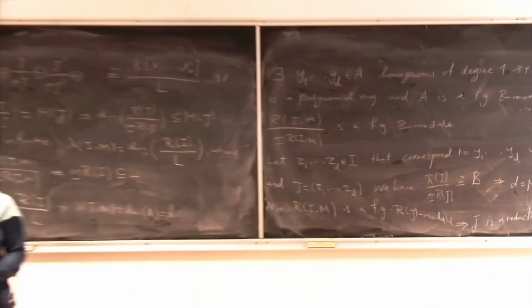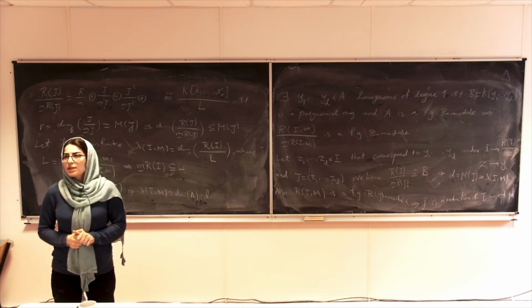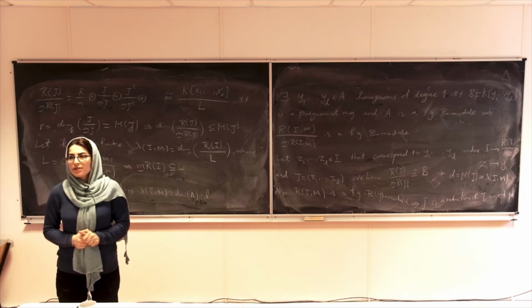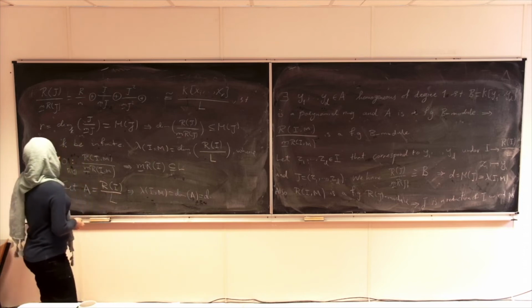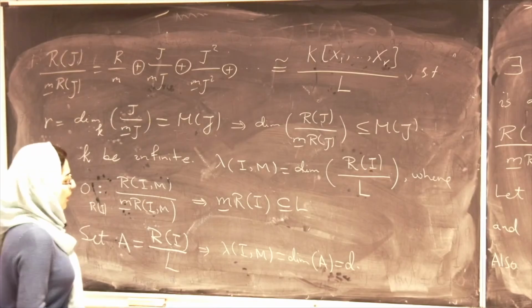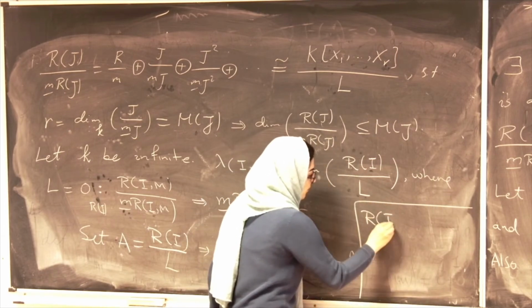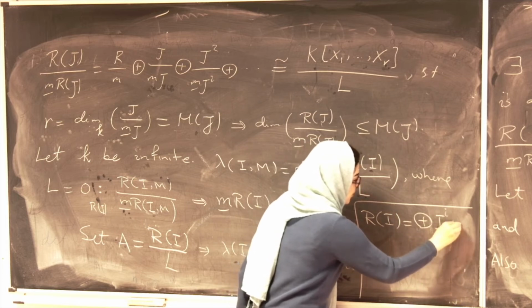So, I want a confirmation: R_I(M), in your explanation, you say Rees ring. No, I call this Rees module of M with respect to I. Rees ring is just this graded ring that has the structure of a ring.